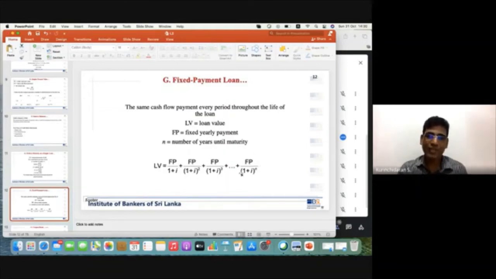When you discount by 10%, you get a loan value of 10,000. So whatever you have given to your customer, 10,000, equals the discounted future value, also 10,000. So your loan value is unchanged. Is that okay? Did you get what I'm saying?